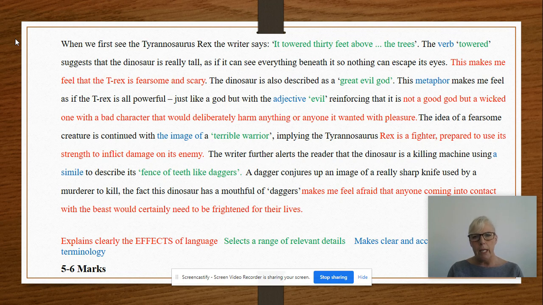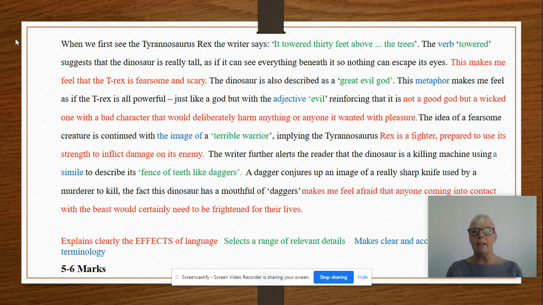So we've got a point here about that word dagger. The fact that this dinosaur has a mouthful of daggers, and here's the effect, makes me feel afraid that anyone coming into contact with the beast would certainly need to be frightened for their lives. A really good, solid grade 4 going into grade 5 response, 5 to 6 marks.